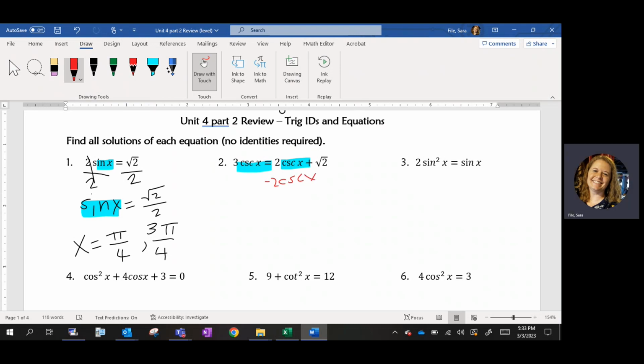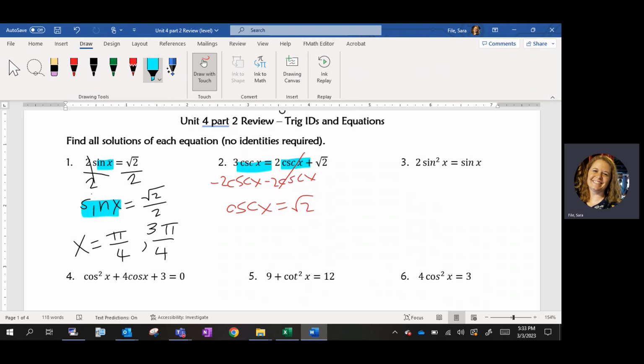What you do to one side, you do to the other. Over here that cancels to a 0. And over here, I've got 3 cosecant x's minus 2 cosecant x's, so I'm left with 1 cosecant x. And on the right side, I'm just left with that positive root 2.